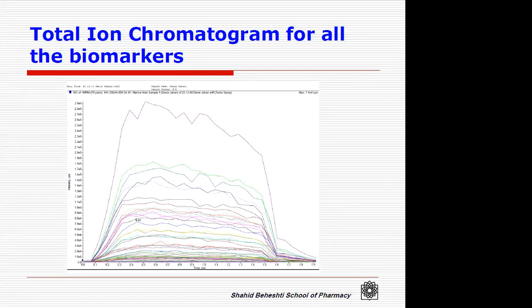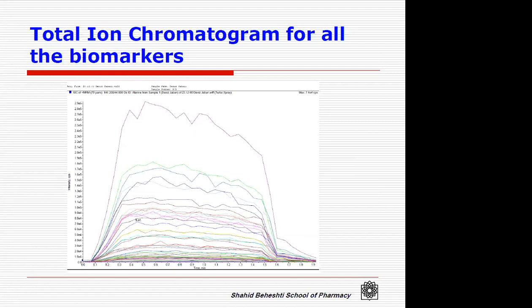If I want to explain more, you see that methanol solution, the 80:20 that I explained at the beginning: we dissolve a certain amount of all the 13 amino acids and all the acylcarnitines in the methanol solution.